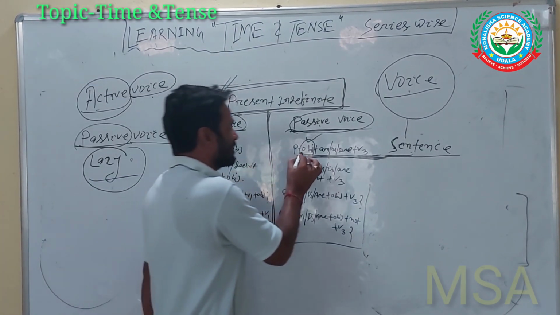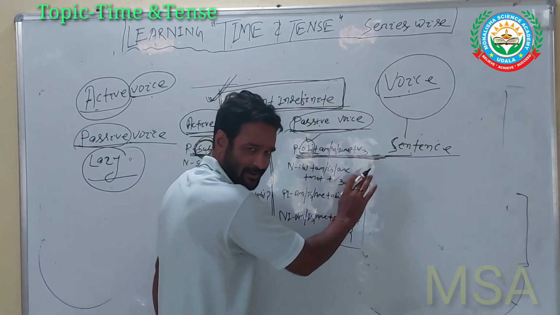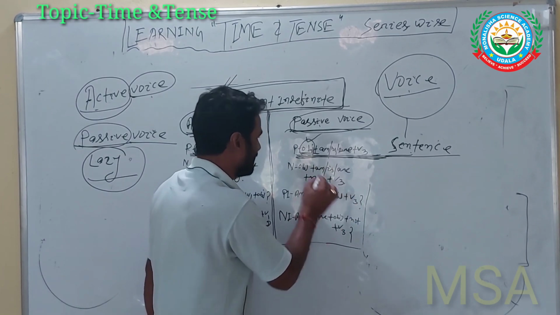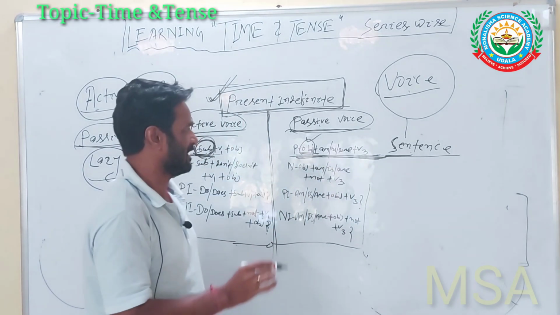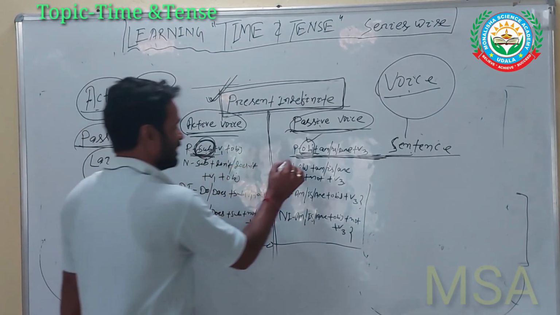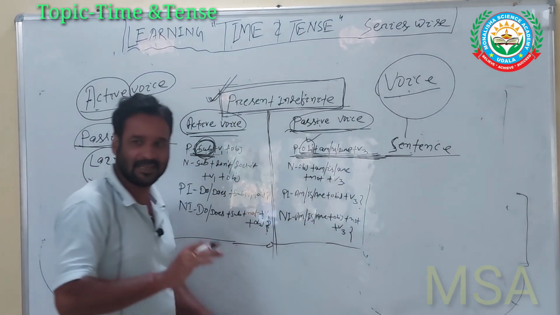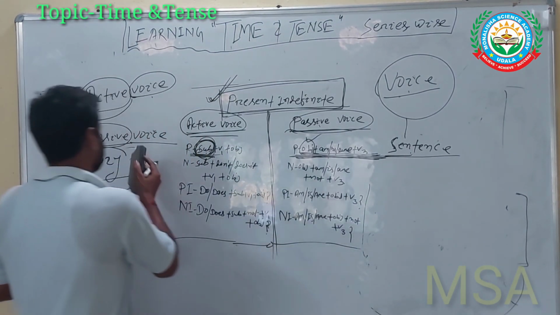But here the subject is not visible, it disappears from the sentence, and in its place comes the object. The object comes first in the sentence. That's why we call this passive voice, because the subject is missing.